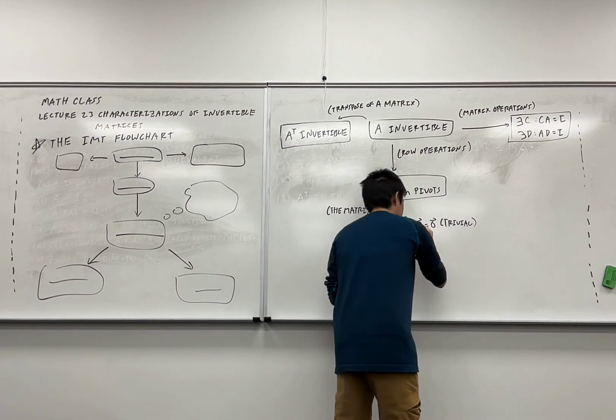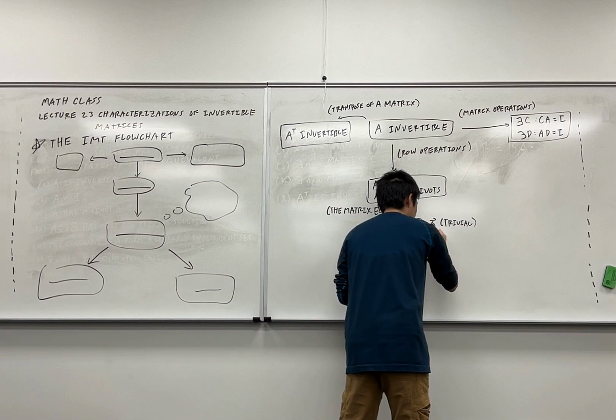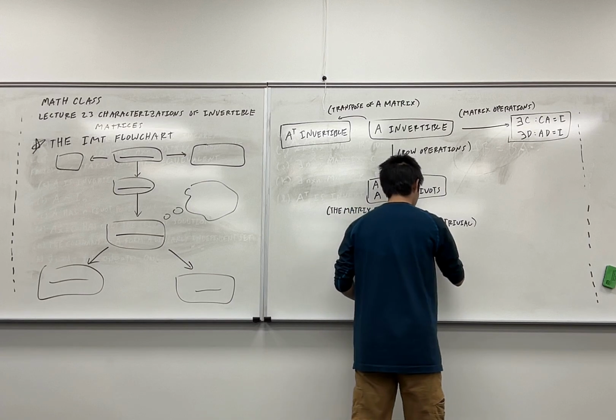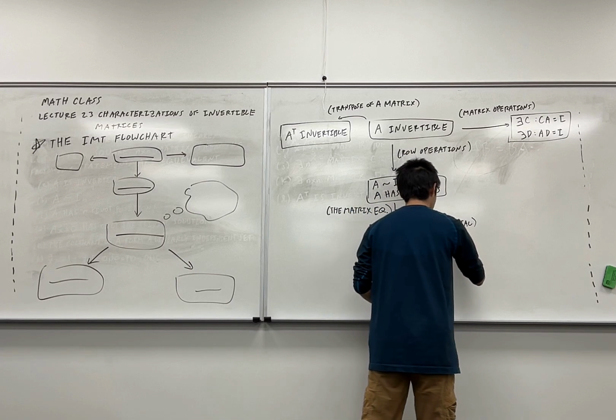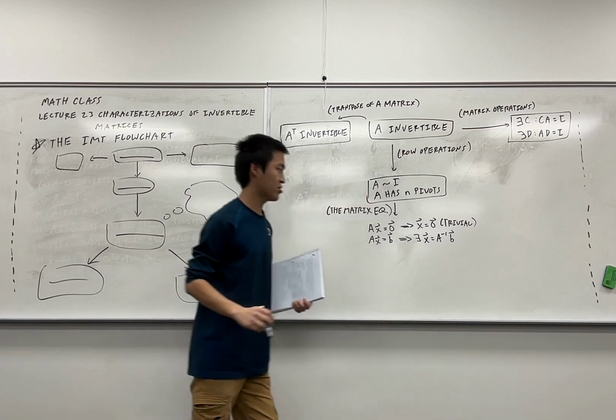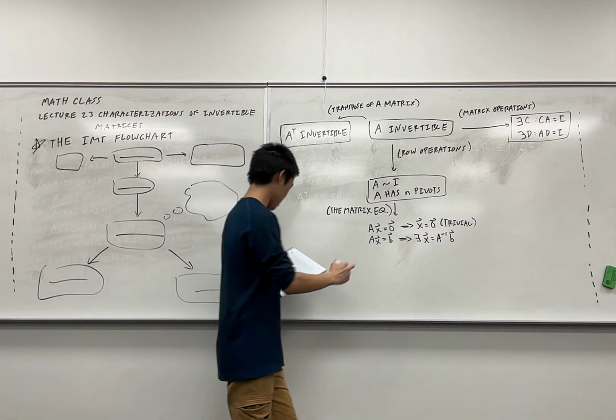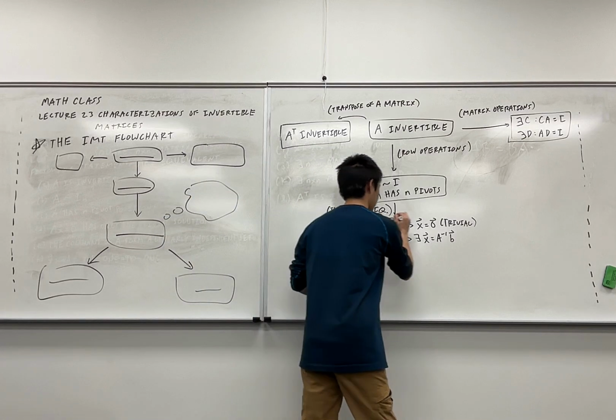This equation implies that there exists x equal to A inverse times b as a solution. So this works.